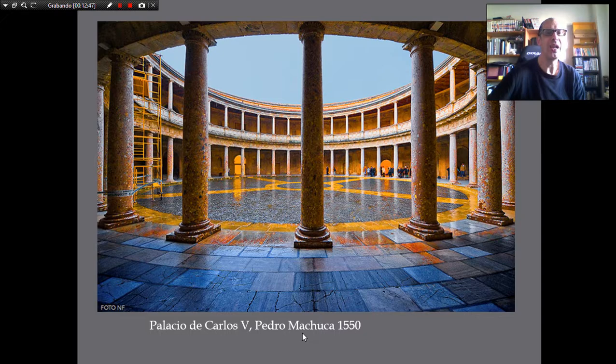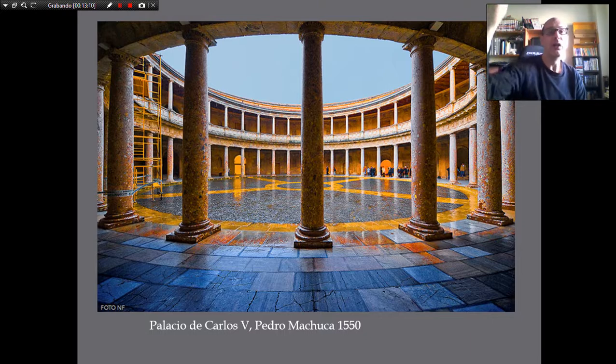Pedro Machuca is an architect who also studied in Italy, so he is going to follow the rules of Roman architecture. The rules are not written, about Renaissance. For example, the rule that I told you: the first part is covered with Doric columns, and in the second part we have Ionic columns.